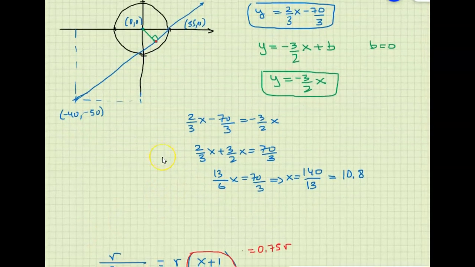To figure out the y value, you plug this into an equation.